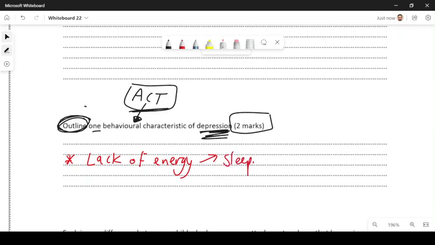And then you could talk about insomnia, so like not sleeping or sleeping too much. You could go down the route of maybe a lack of appetite, or maybe eating too much or not enough. But what's important to know with this is you have to do one. So don't waste time and do more than one. As I said, maybe not lack of energy, maybe just difficulty sleeping could be a potential option.